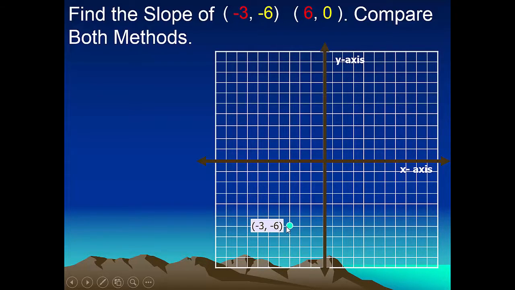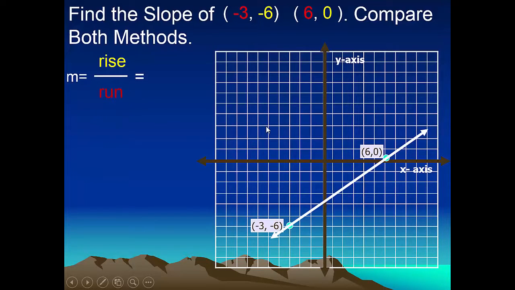Now we plot (-3, -6), and we plot (6, 0). This goes in line with what was just previously said about doing the rise over run. You plot the points, and then you graph, which we did here. So now we can do rise over run.